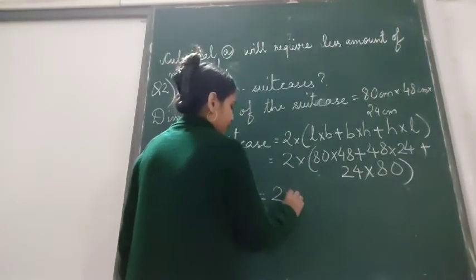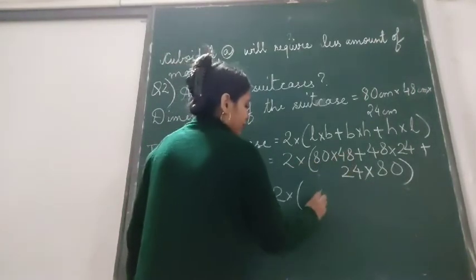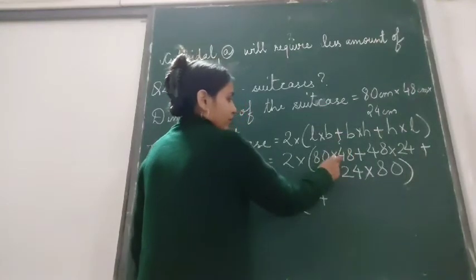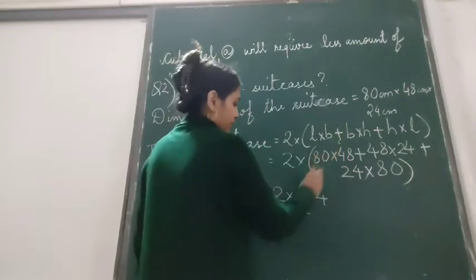So let's multiply. 8 8s are 64, 8 4s are 32 plus 6, 38.